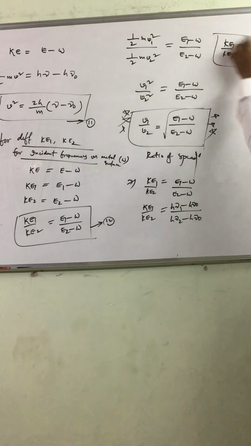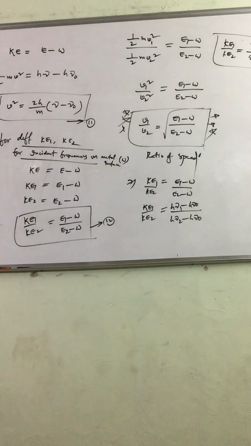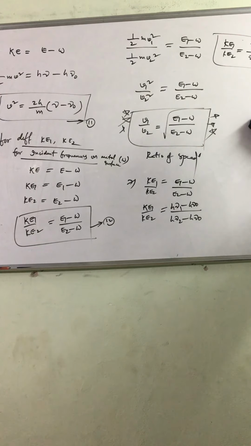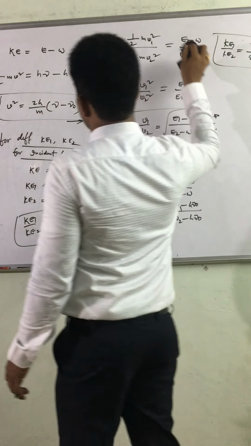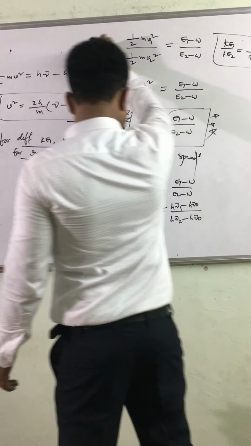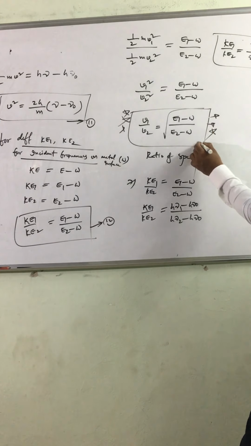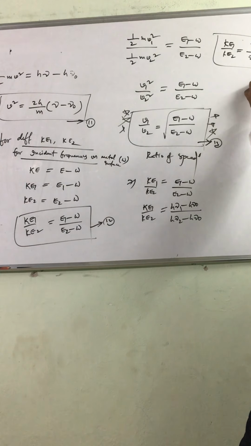This is the ratio of kinetic energies in terms of incident frequency and threshold wavelength. This is equation number 13 and 14.